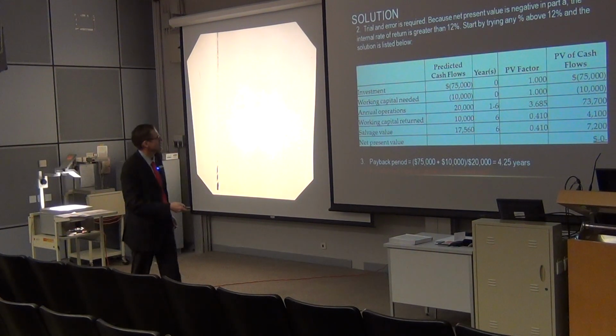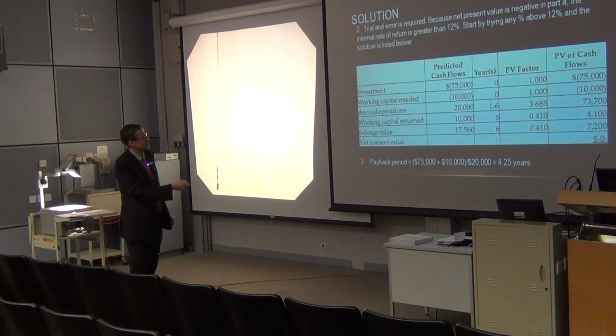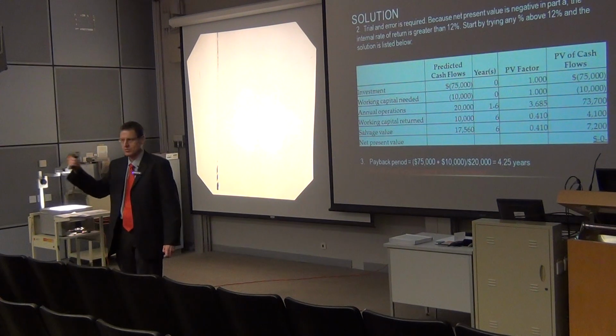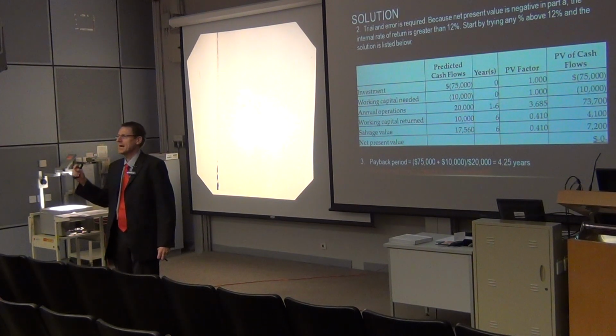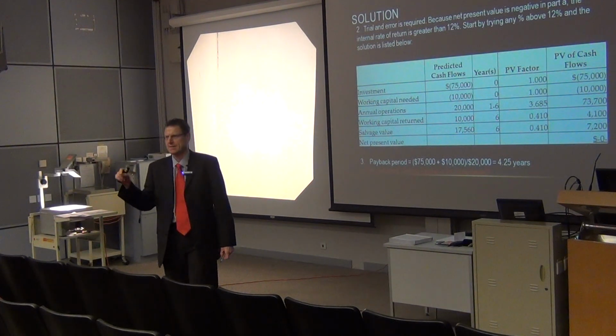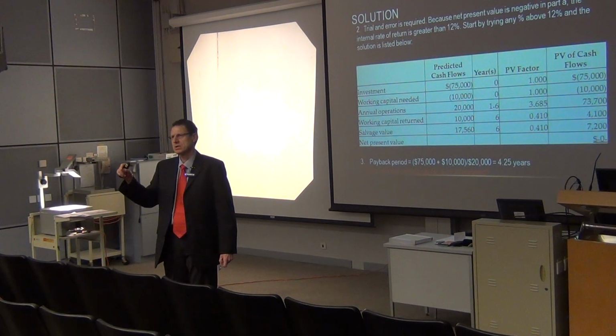All right. You know what you're doing here? You press the IRR button and you work out the IRR. But when I was at college, we didn't have that function, so we had to do trial and error.